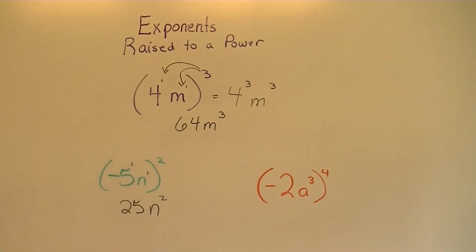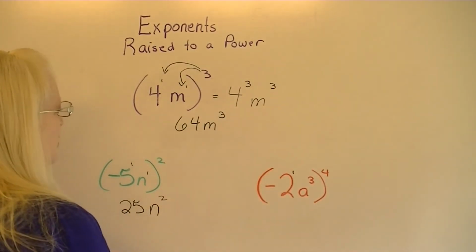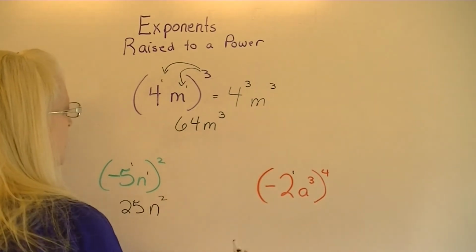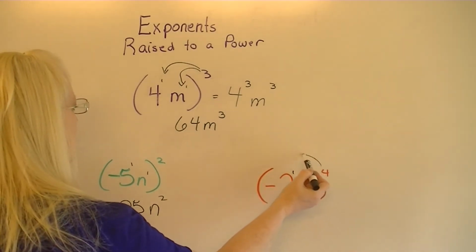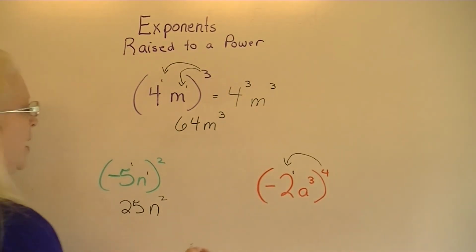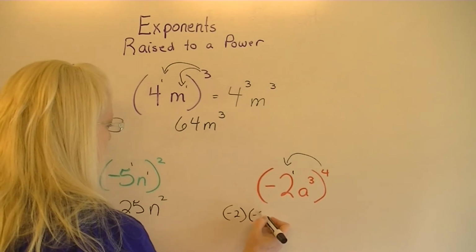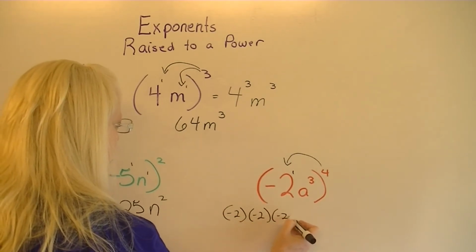Let's take a look at this problem in red. Now here I've got negative 2 to the first power and a is cubed. Now let's take a more detailed look at just the negative 2 to the fourth power. This means that I've got 4 negative 2's.